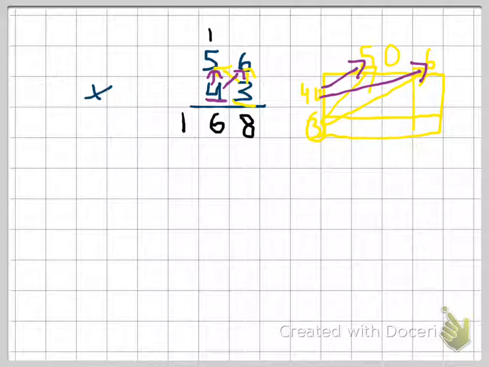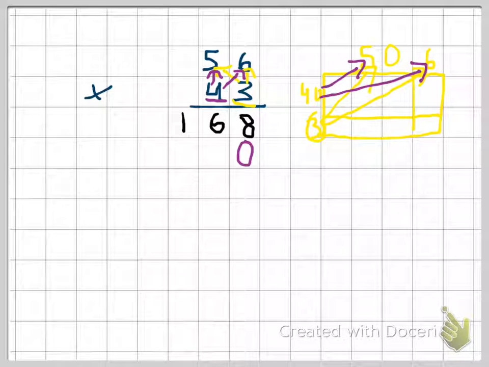But before I get started, a couple things I want to remember. One, this isn't 4 ones, it's 4 tens. I put a 0 because I know that everything I multiply will be in the tens. Okay? And the second thing I like to do is get rid of all of the things that I carried before so I don't get confused.